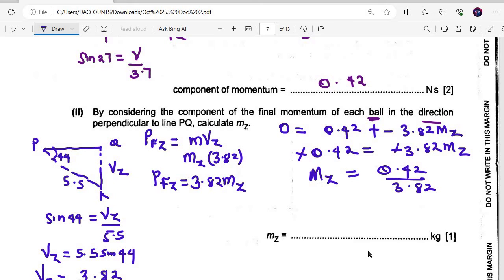So 0.42 divided by 3.82 gives 0.11 kg as the mass of Z.